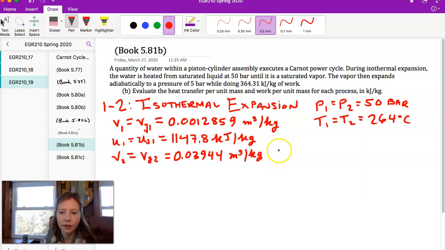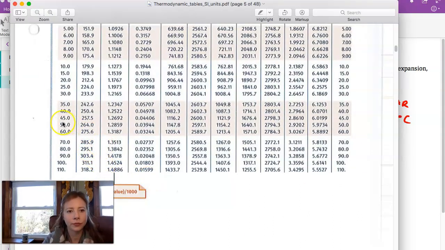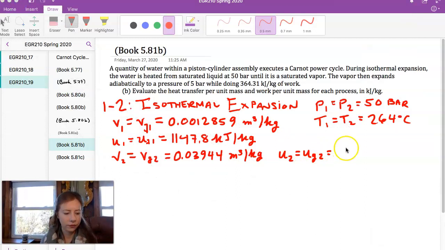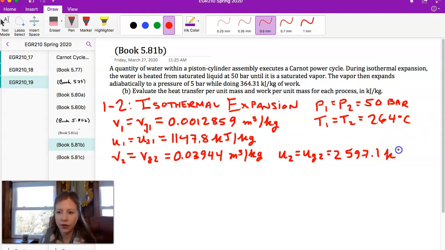Okay, and lastly, U2 is going to be for when x is 1. So let's look that one up at 50 bar. Okay, so that's going to be 2,597.1, and that's in kilojoules per kilogram.